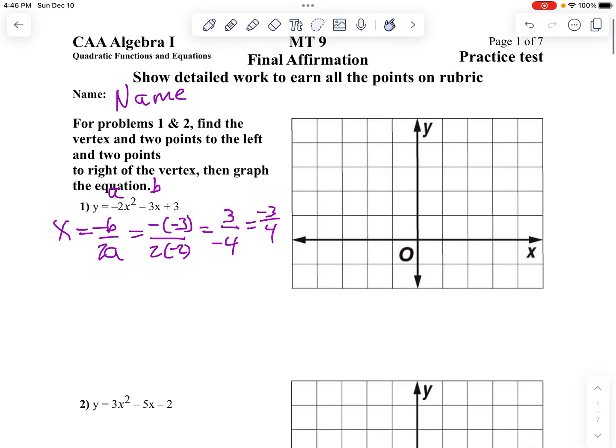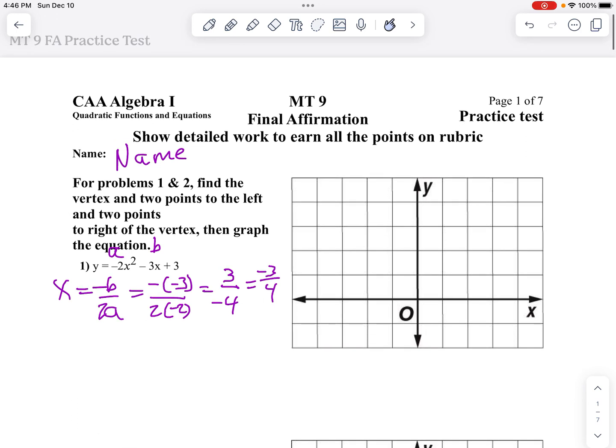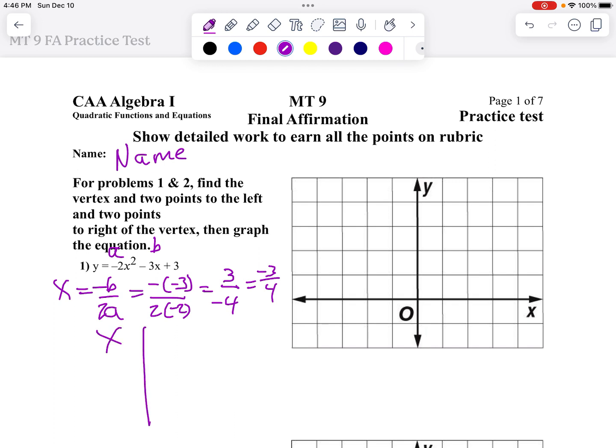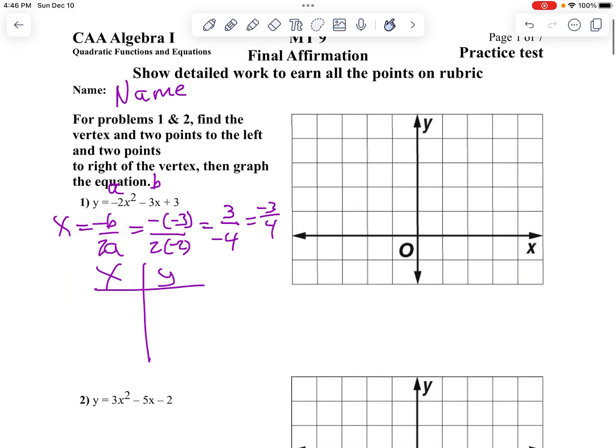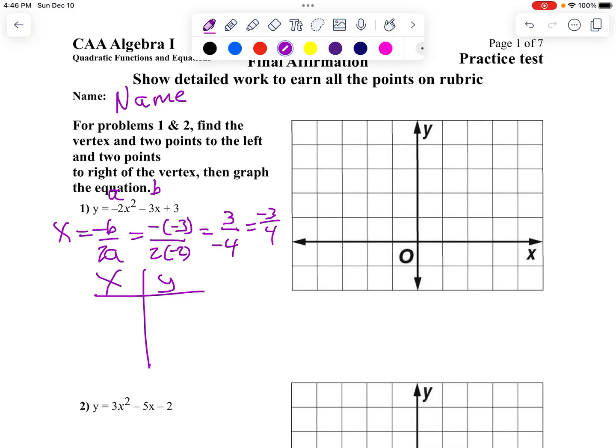And since it's a fraction, it's kind of hard to count your fractions to be the same distance unless you want to use all fractions. And I think it's easier to make the table than to count by fractions. So negative 3/4 is our vertex.